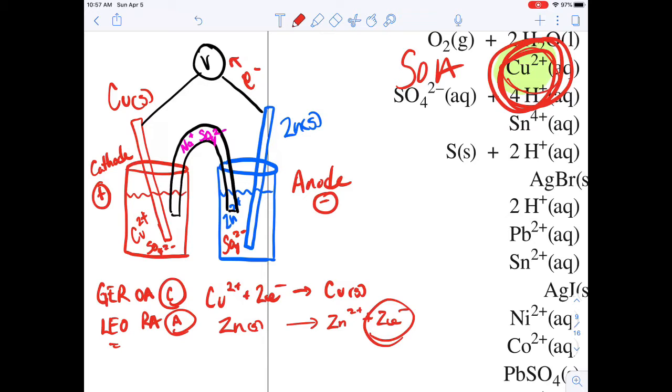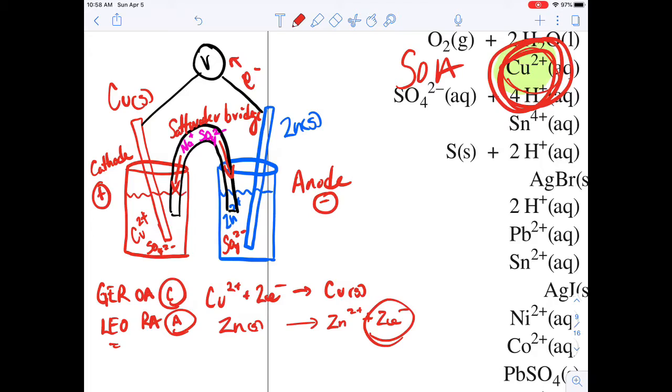And in any of these cells, the cations will go to the cathode, and the anions will go to the anode in the saltwater bridge. So this is my saltwater bridge, and it just allows the ions to travel, and it separates the two half reactions so that the ions need to travel through the saltwater bridge, but it forces the electrons to travel through the external circuit.